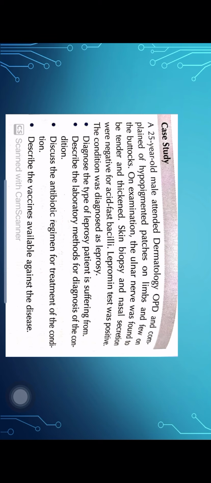These are various vaccines which have been tried and have shown good results for protection against leprosy. And in India, these two vaccines are used: Mycobacterium ICRC vaccine, that is Mycobacterium avium intercellulare complex vaccine, and Mycobacterium W vaccine. These two vaccines are used in India.